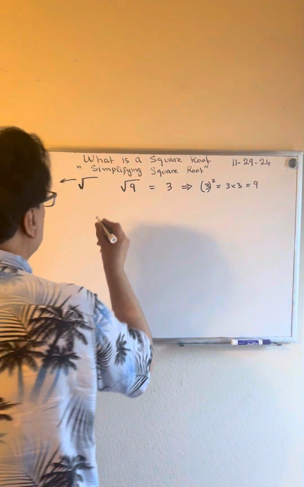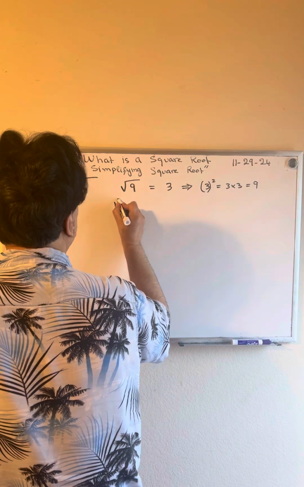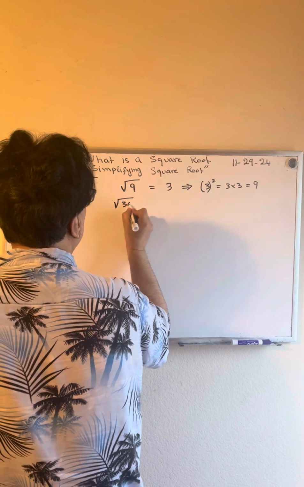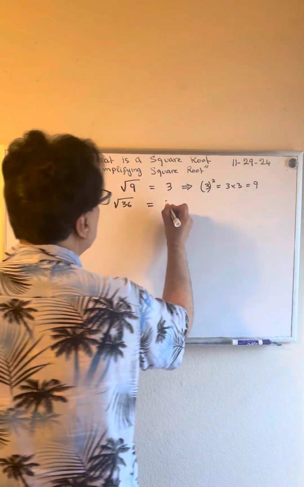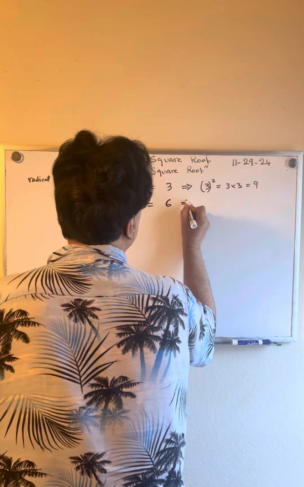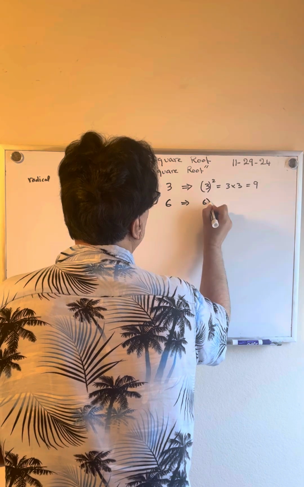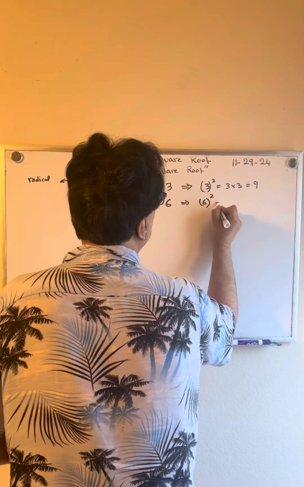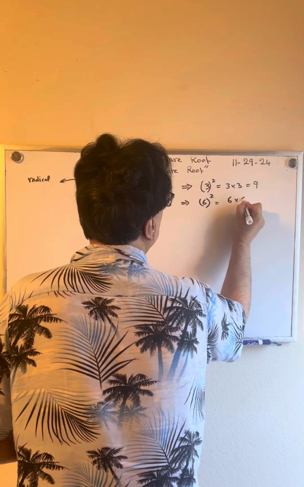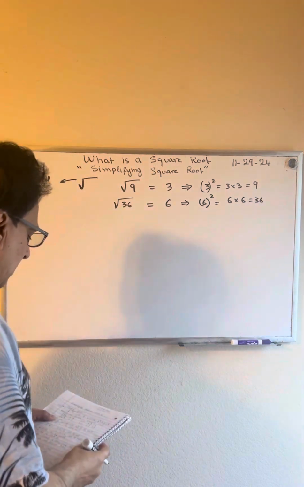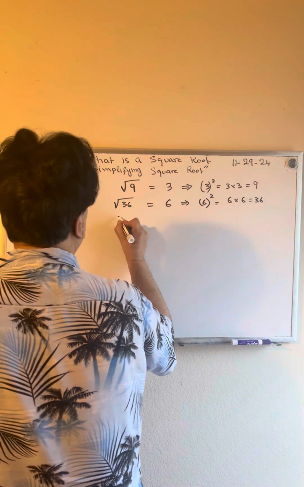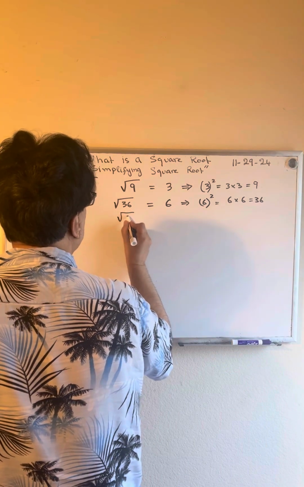Another one. Let's say we have the square root of 36. Well, you can do it in your head. It's going to be 6. Why? Because 6 squared, which is 6 times 6, is equal to 36. All right, let's do another one. The square root of 49.